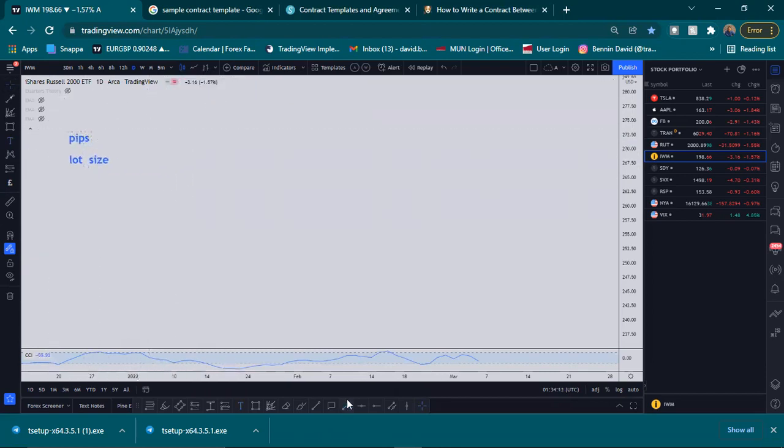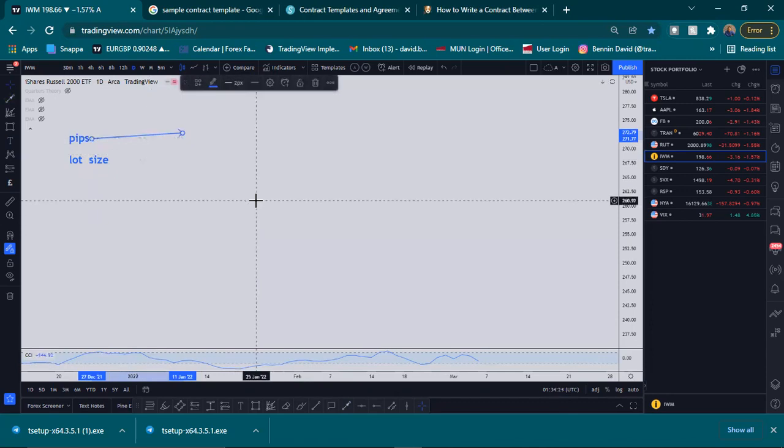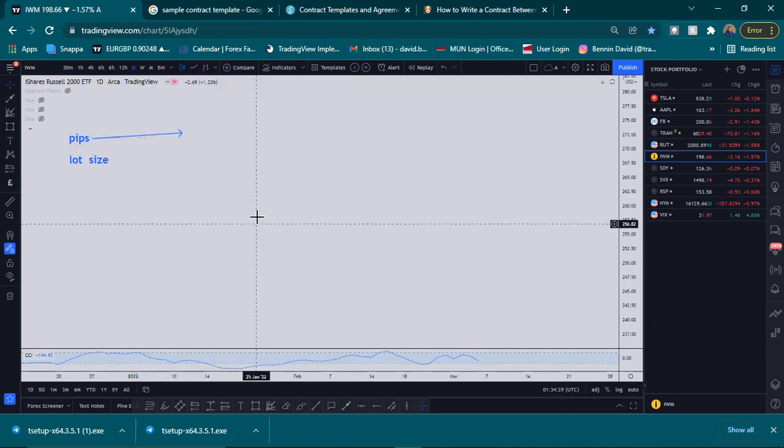When we talk of pips, when you are trading, you want to know you are buying and selling, as we've already explained. Trading is just like any business you are doing, simply buying and selling. But in this case, we are doing Forex trading. We are buying and selling currency.